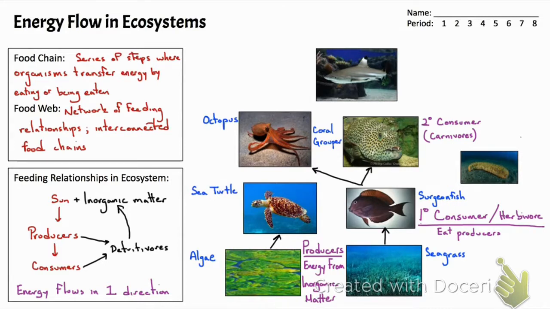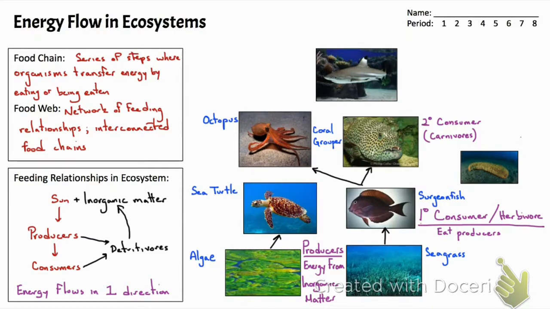In addition to herbivores and carnivores, we also have omnivores, whereas carnivores eat only meat and herbivores eat only plants. The omnivores eat both plants and animals, and so we can find them as both primary consumers and secondary or even tertiary consumers.